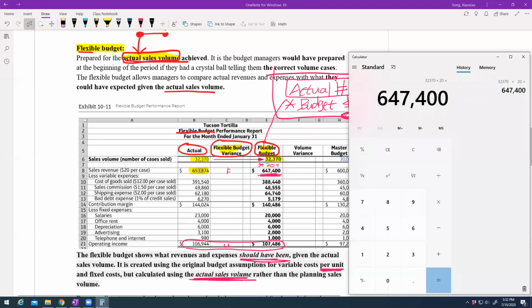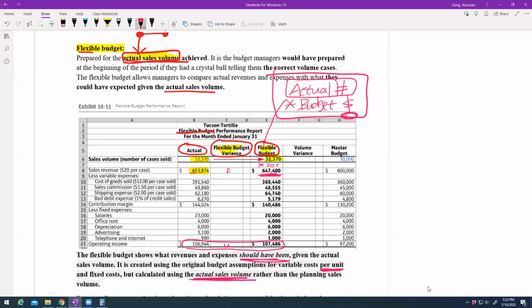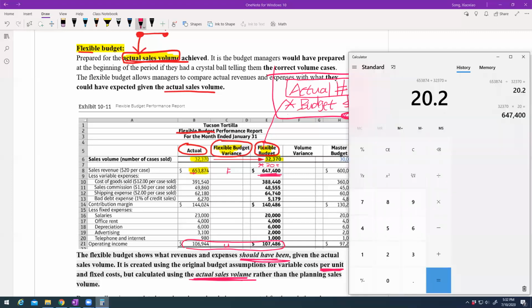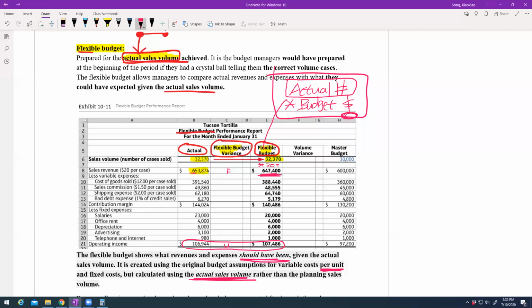So our actual revenue is 653,874. We generated this much revenue based on 32,370 units. So for each one, the actual selling price is, did you see that number? The selling price is how much? It's actually $20.2.